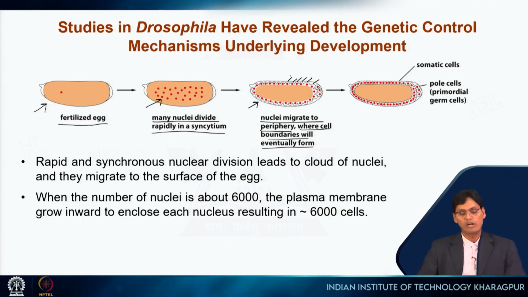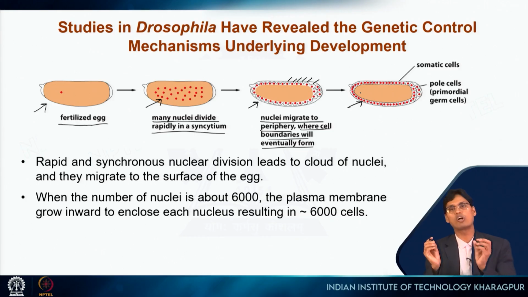But when the number of nuclei is about 6,000, the plasma membrane grows inward to enclose each nucleus, resulting in approximately 6,000 cells. Although in this diagram you see just 2 dimensions, that's why the cells are present at the boundary. In a 3-dimensional shape, the whole periphery is covered by a layer of these cells.